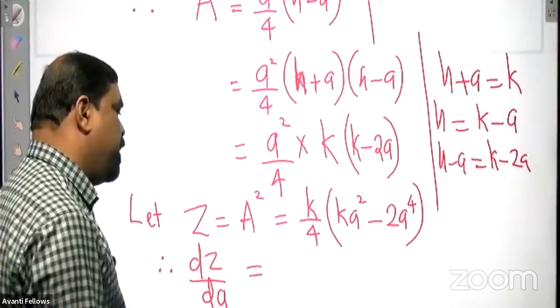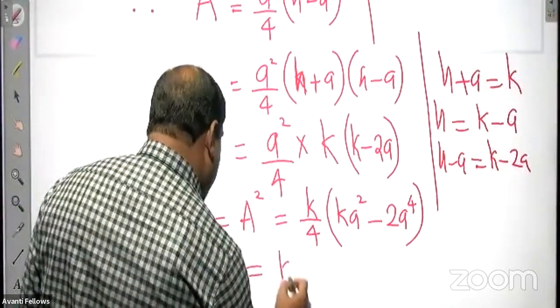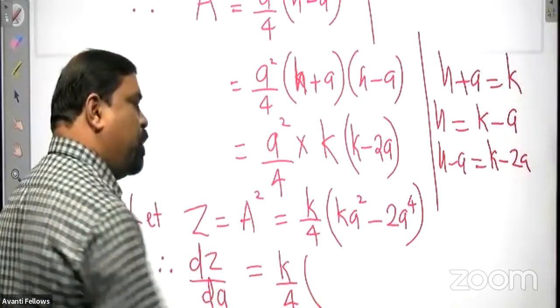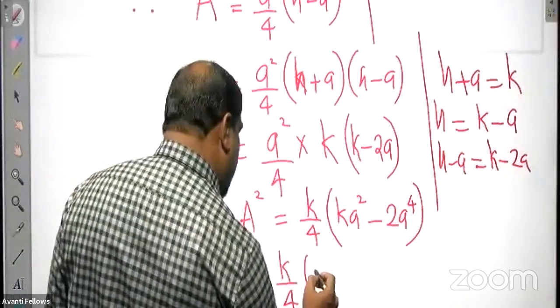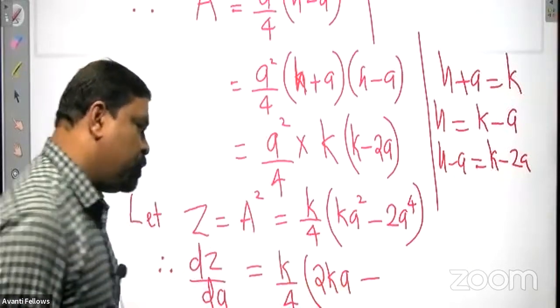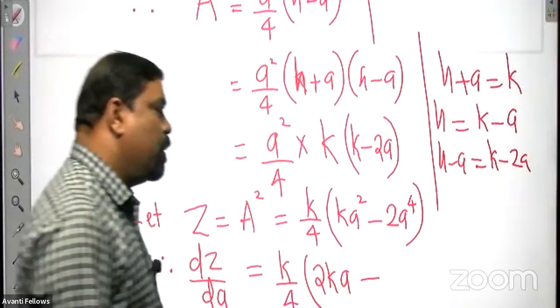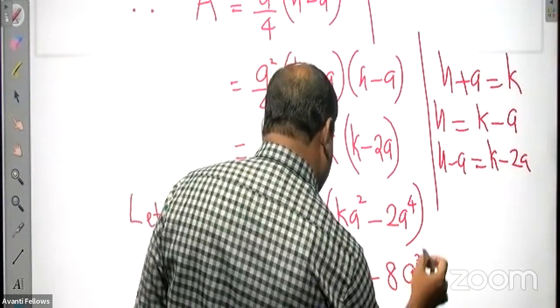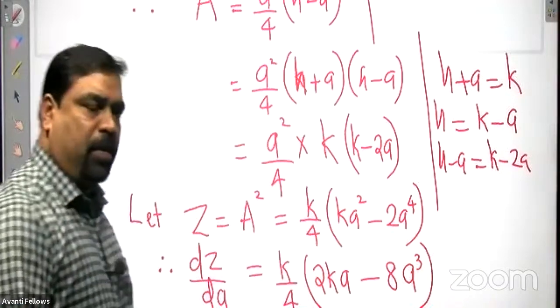What is dZ by dA? That is equal to K by 4 into K into derivative of A square, which is 2A. So 2KA minus 8A cube. Normal basic differentiation.